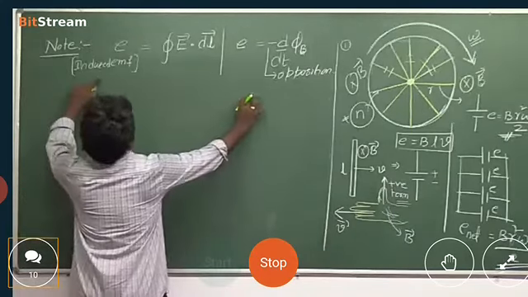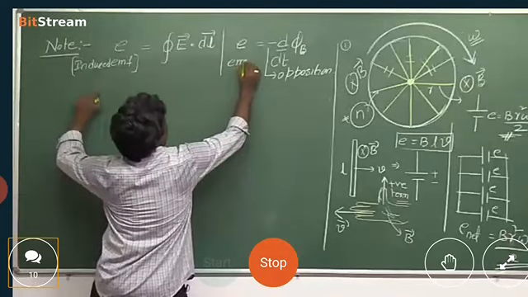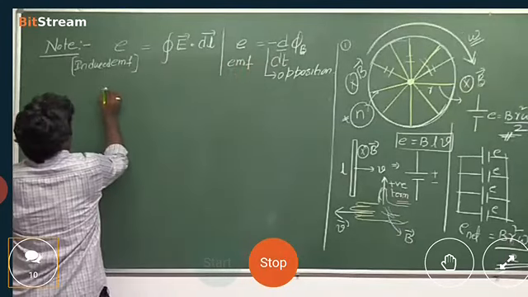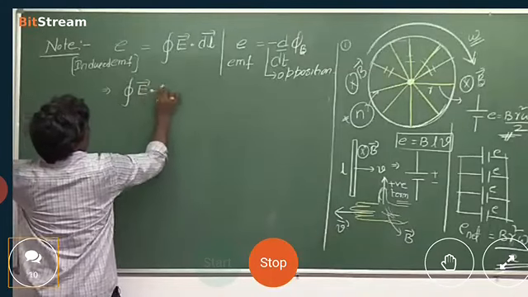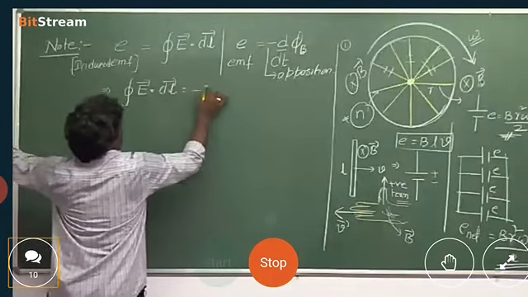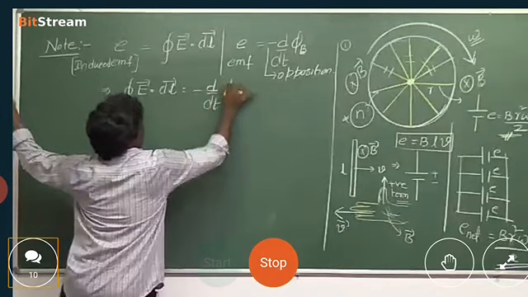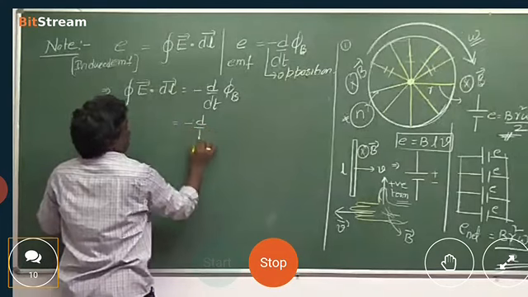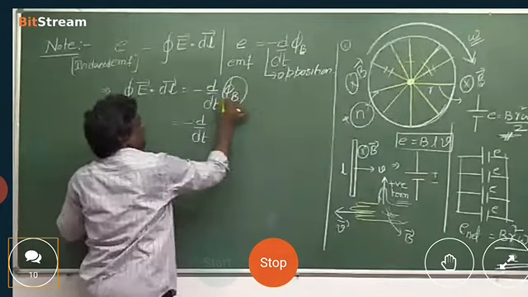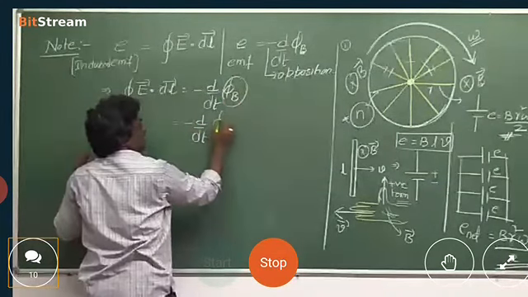Right. So both the cases are induced EMF only. So what shall I write? The circular integral of E dot dl is equal to minus d by dt of phi B. I hope you are observing. Minus d by dt of the magnetic flux, which is an integral.